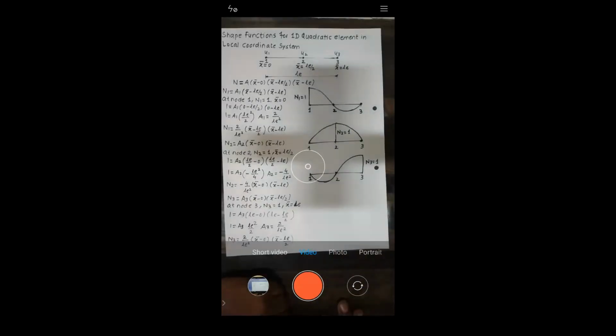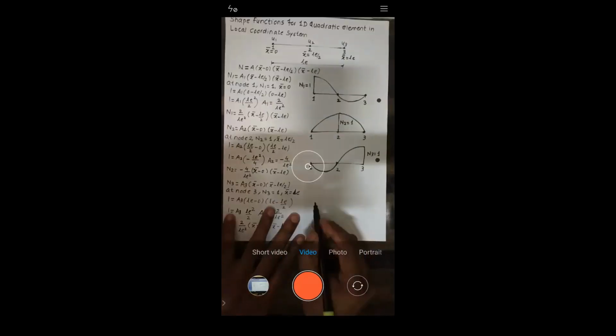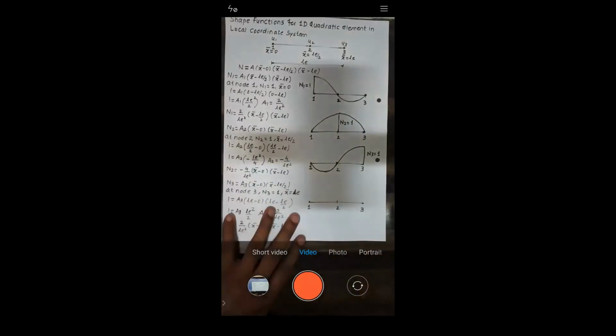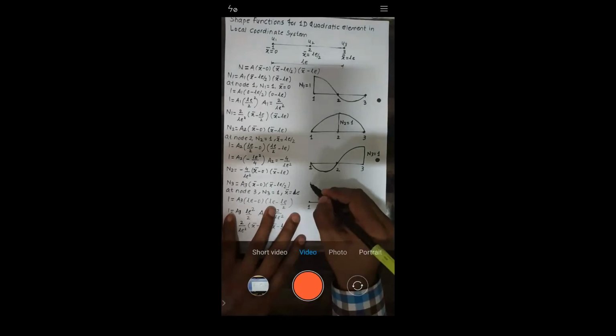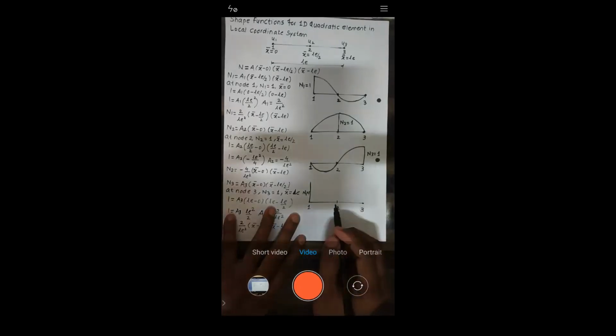Yes, sir. Right. So if we combine the graphs like this, tell me how we should draw. Here N1 is equal to 1, so from here we have a graph like this. Is it clear?